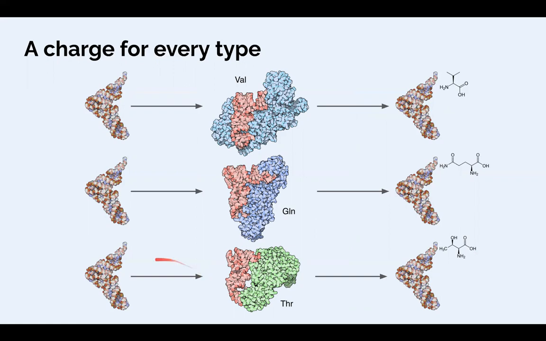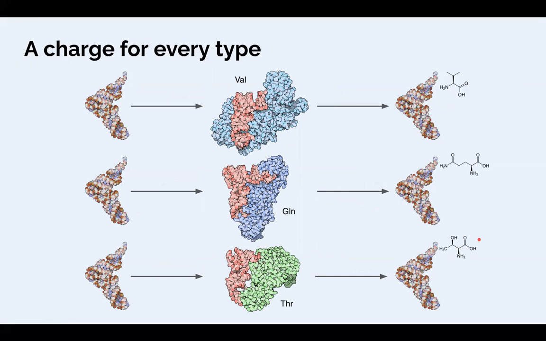So the valine tRNA matches with the valine tRNA synthetase and gets loaded up, charged with a valine amino acid. Glutamine loaded up, now charged with glutamine, threonine tRNA loaded up with the threonine cargo and now is a charged threonine tRNA.